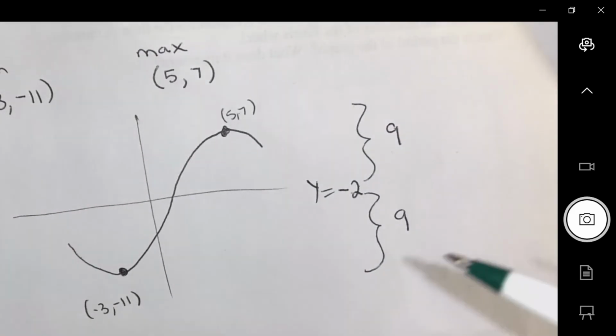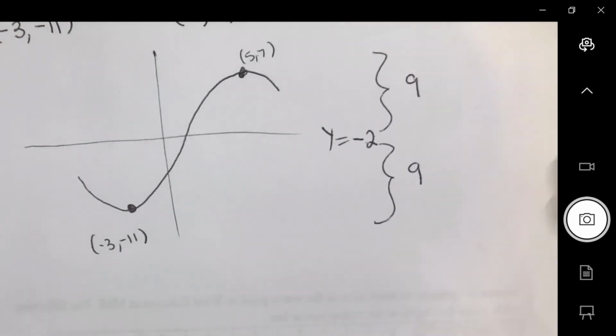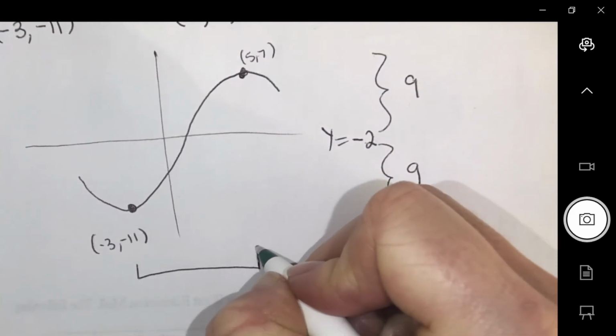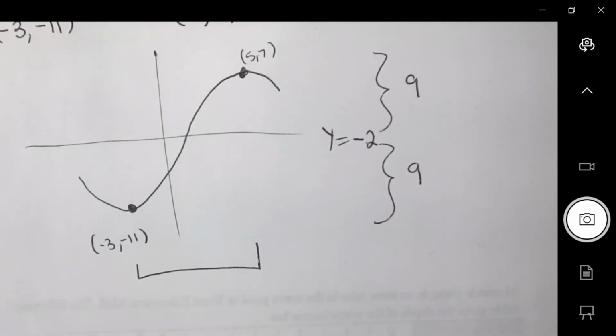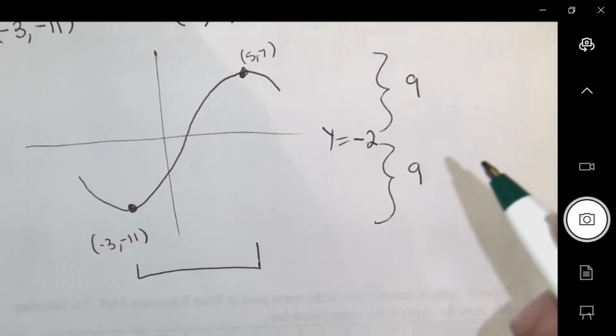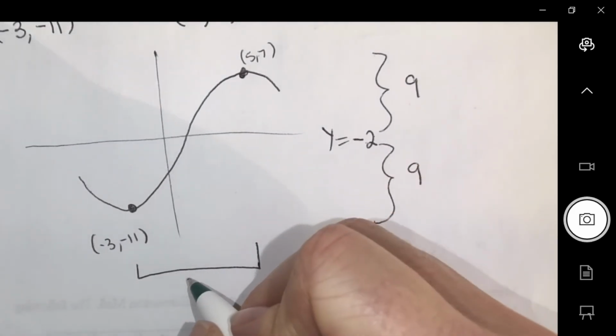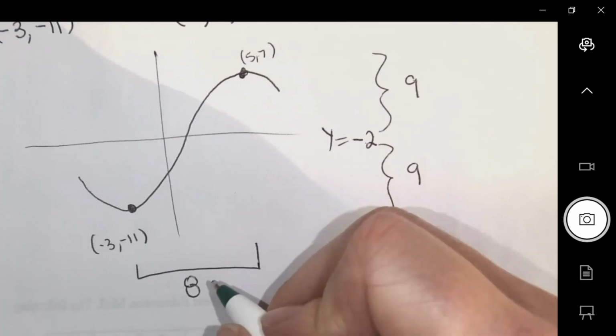Okay, here's the one that tricks you. What's the period? So how much did I move from there to there? How much have I moved over? From negative 3 to a 5, how much space is there? 8. Okay, that's not the period. Why is that not the period? Josie, you answered it.